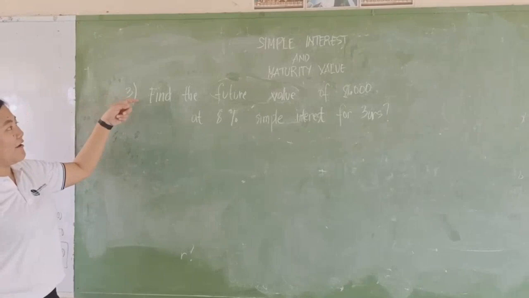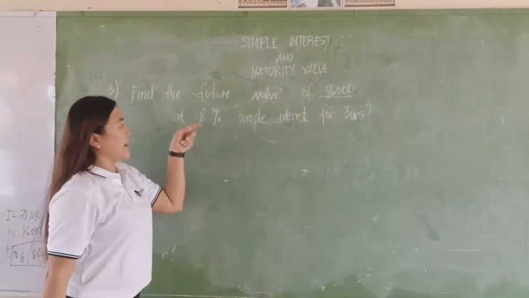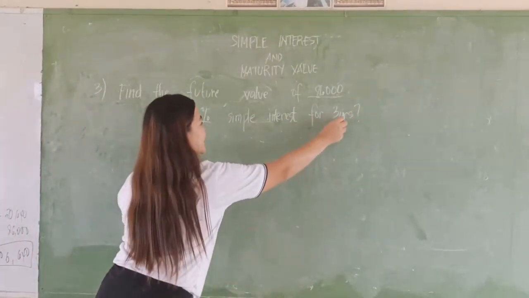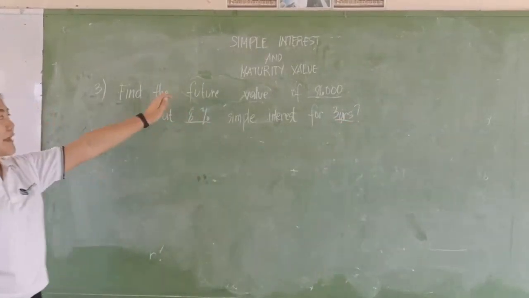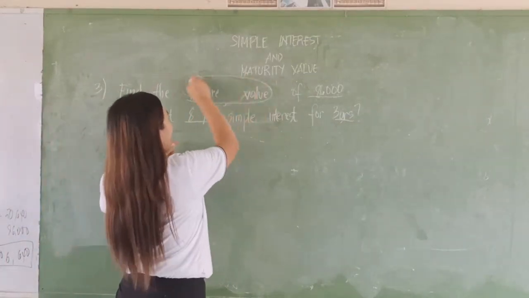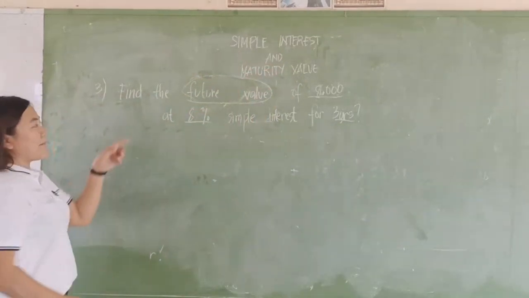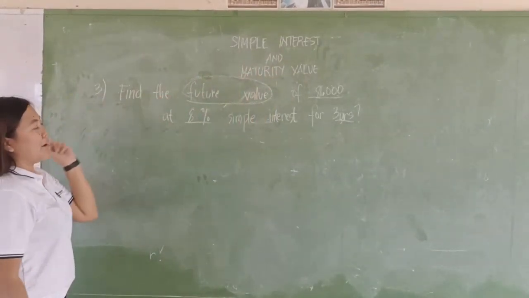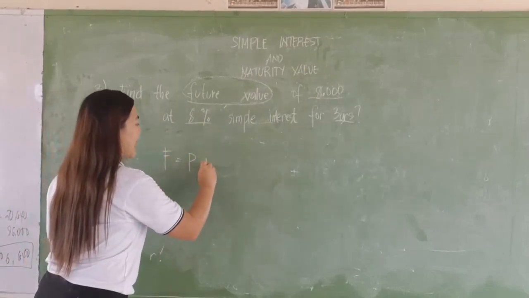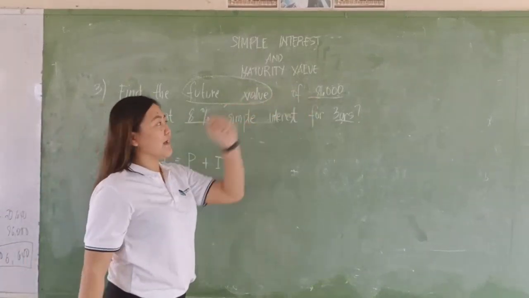Example number 3: find the future value of 86,000 at 8% simple interest for 3 years. So, hinahanap sa third example is the future value or maturity value. So, ang ating formula for future value is F is equal to P plus interest, where P is 86,000.